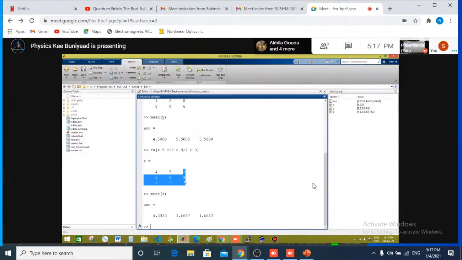Then if I calculate the median. Sorry, median. Here it is x, and when I take the median of x, it will give you 2. It will arrange them. Look at, I will show you by taking another example.